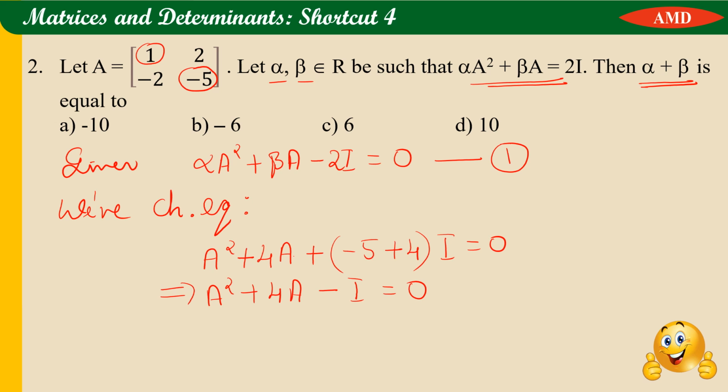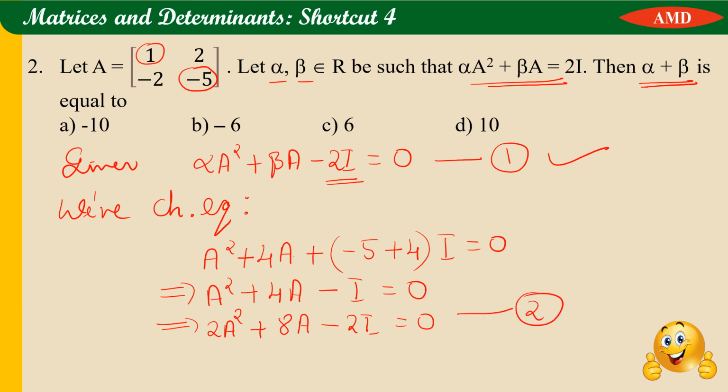Now this is the characteristic equation, but before we compare this equation with the given equation, we better make the coefficient of I same in both equations. So I'm going to multiply this equation with the 2 here. So we get 2A square plus 8A minus 2I is equal to 0.